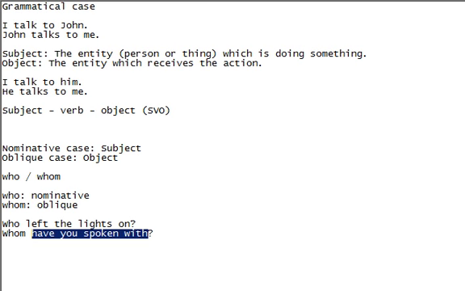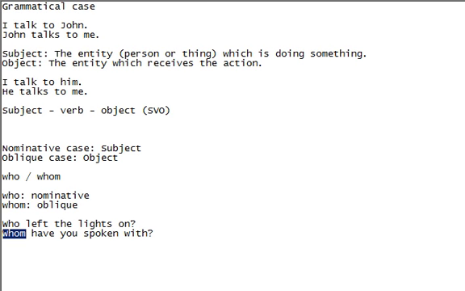I'm saying you spoke with someone, so you did the action in this case. You are the person who committed the action, and then the who in question is not someone who did anything, but someone who was spoken to. So that's a whom. The person here is someone who had an action committed to them.